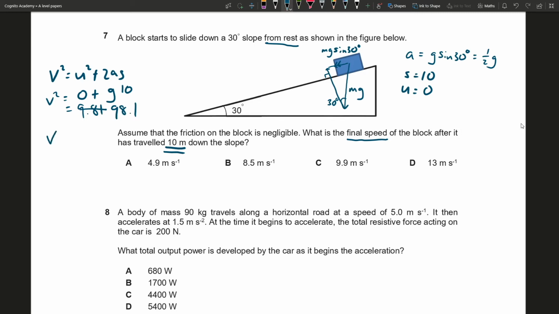That gives us v, our final velocity, as 9.9 meters per second. Our answer is C.